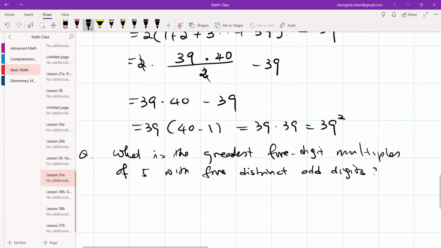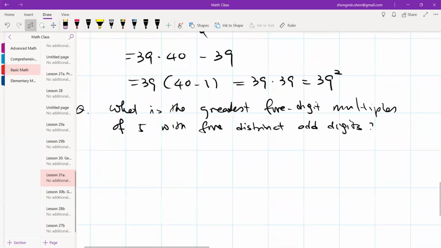Now, when you see a problem like that, the greatest 5-digit number, but it's a multiple of 5. So use that condition. Forget the 5 distinct odd digits right now.